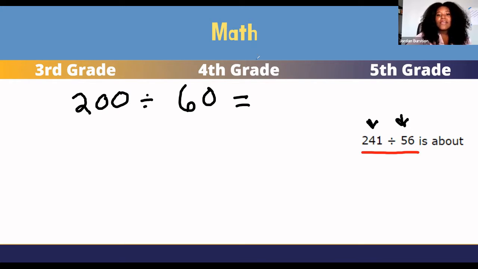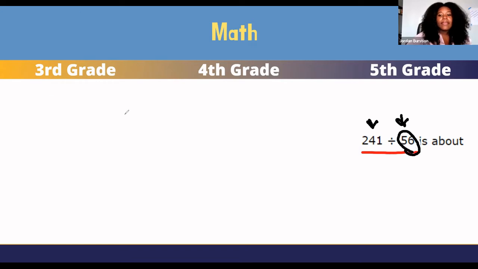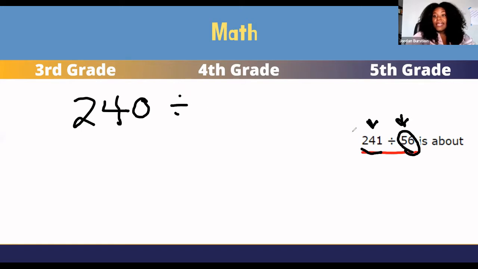And actually this is what I recommend. I think I'll round this number right here, 56, to the nearest tens place. Okay, so I'm going to round this number to the nearest tens place as well. 2041 rounds to 2040. And 56 rounds to 60.